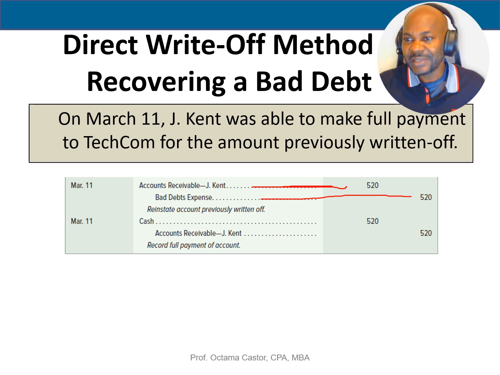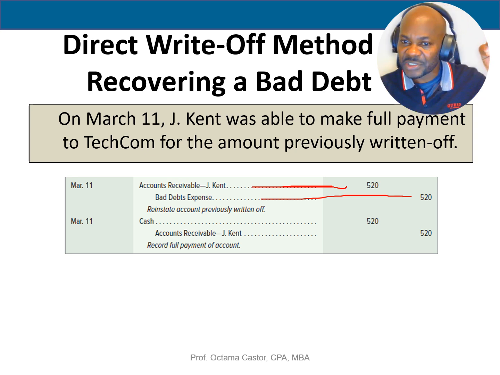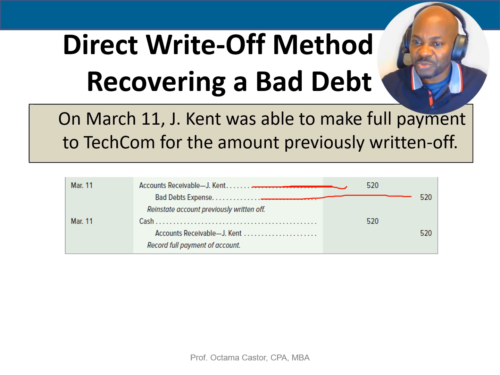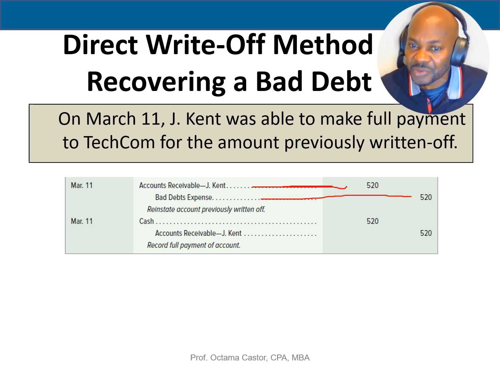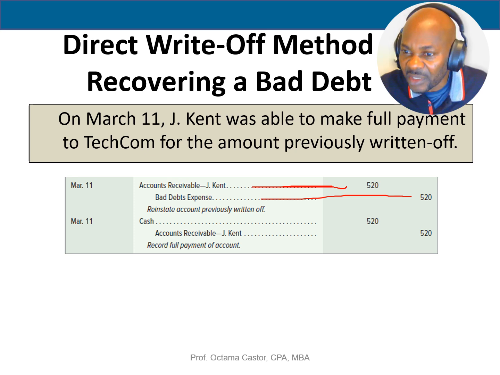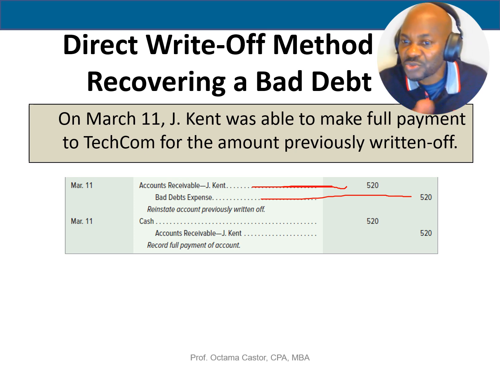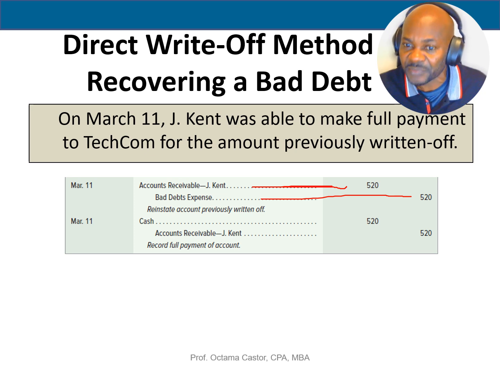If you recall, that is the entry we booked when we wrote off the account. We debited bad debt expense and credited accounts receivable. As you can see here, this is just like a reversing entry of that entry. We debit accounts receivable, which reestablishes the balance, and then credit bad debt expense to get rid of it because it's no longer bad debt expense since we are collecting on it.